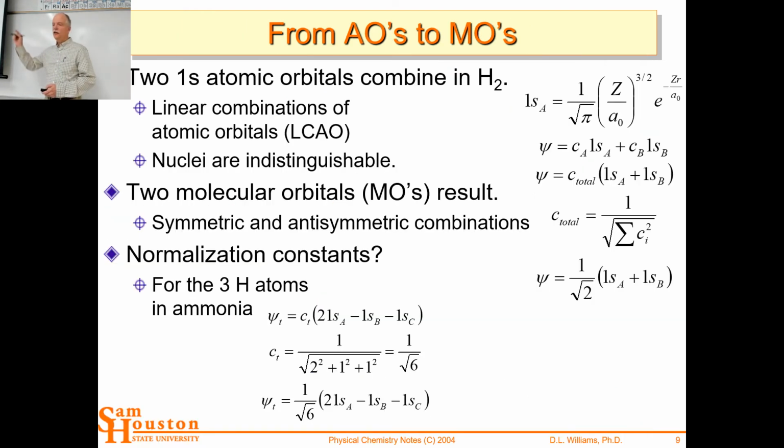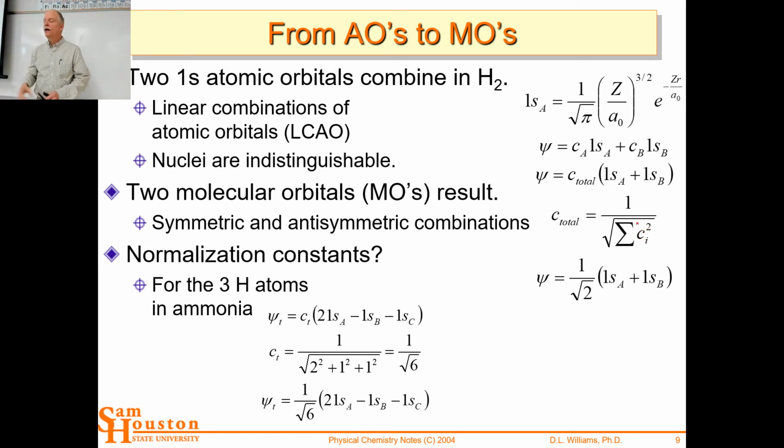Okay, this is a little bit on the normalization. Let me just show you this real quickly. You know, we had this situation where we had CA and CB. We can pull that out to C total. And then C total is 1 over the square root of the sum of those individual coefficients squared.